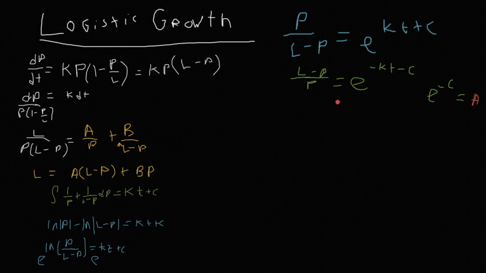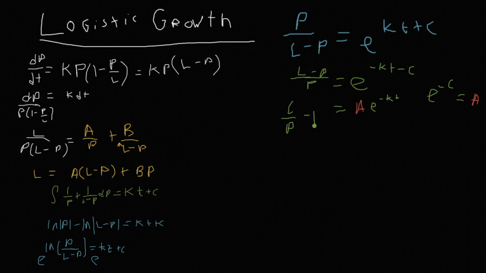So now we can just have a times r e to the negative kt, e to the negative kt. Boom. All right, so now on the left-hand side, we could break apart this fraction.